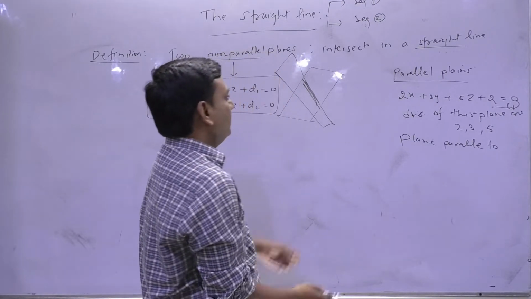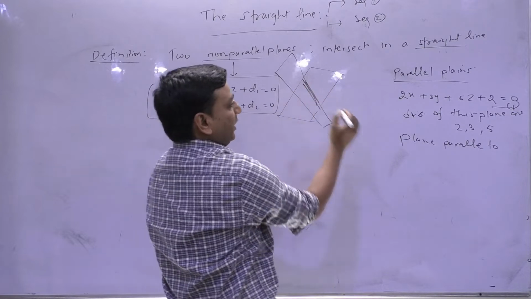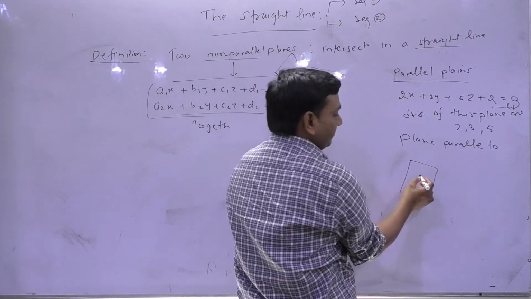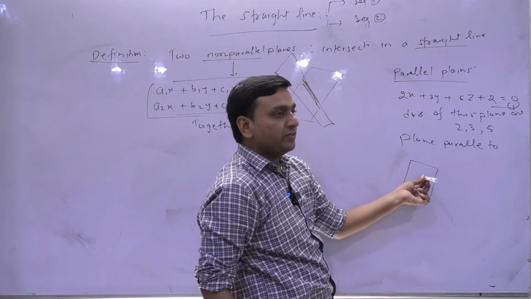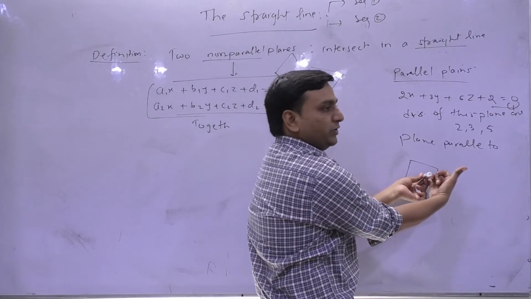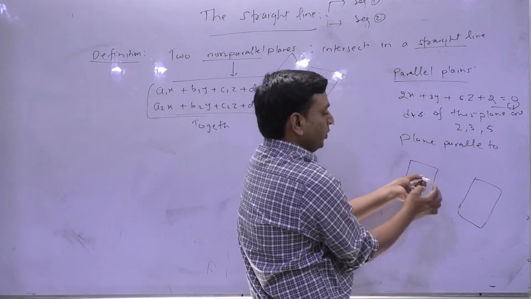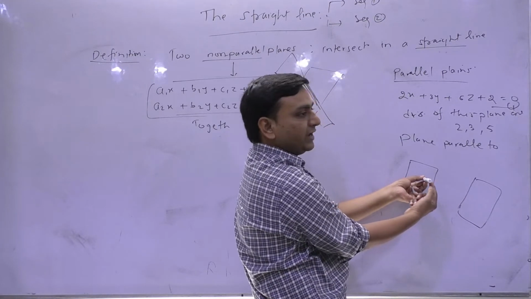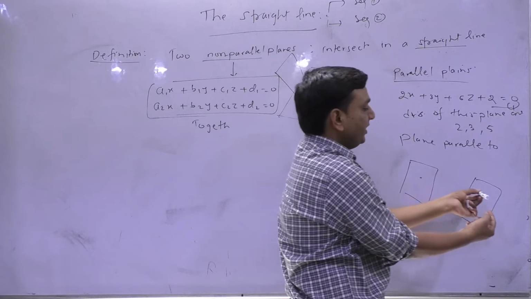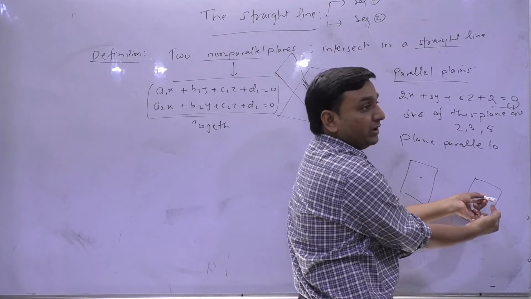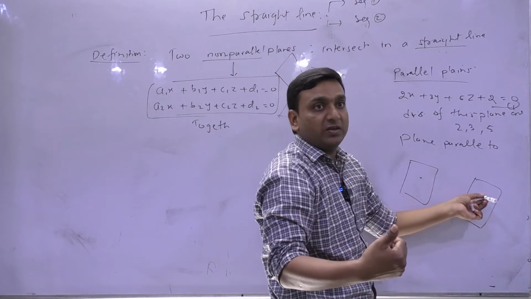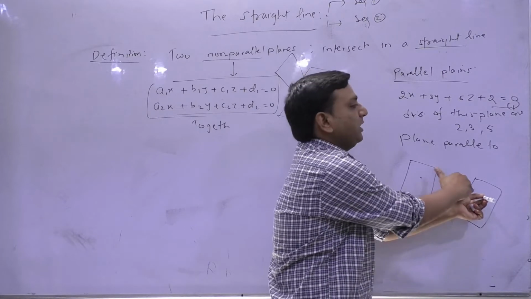Why? Because the DR of a given plane means the DR of the line which is normal to this plane. Suppose this is another plane parallel to this plane. If the DRs of this line are A, B, C, then the DRs of this line will also be some A1, B1, C1, but in multiples of these.